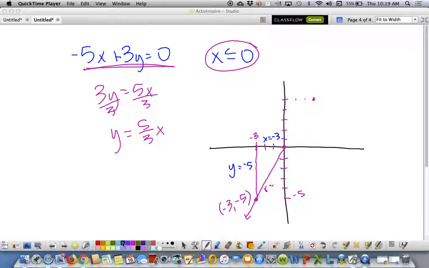Please don't add 25 and 9 and get anything but 34. It's not 36, which would make r 6. It's the square root of 34, which doesn't make your trig functions very pretty.